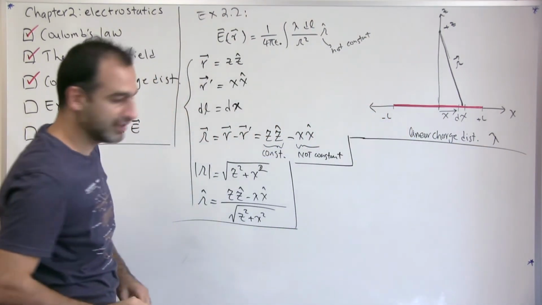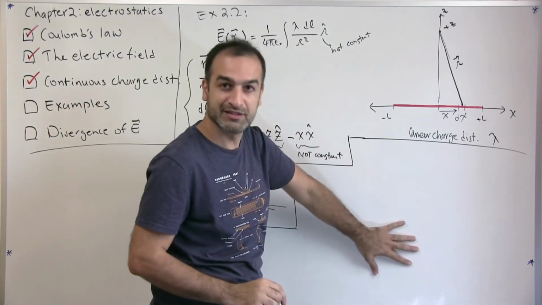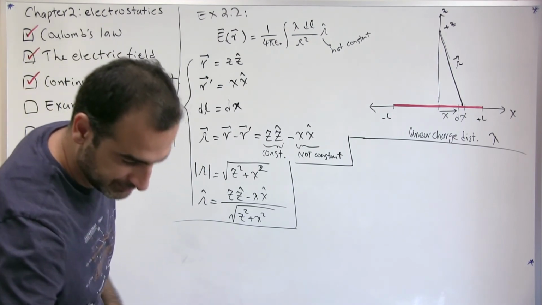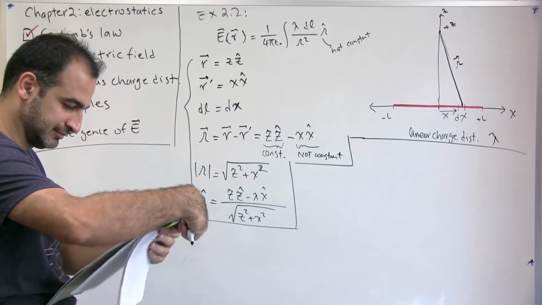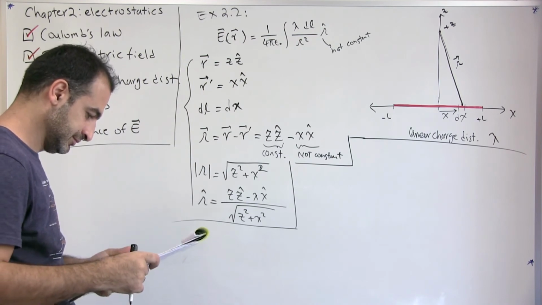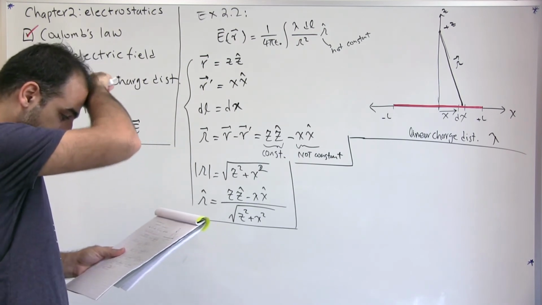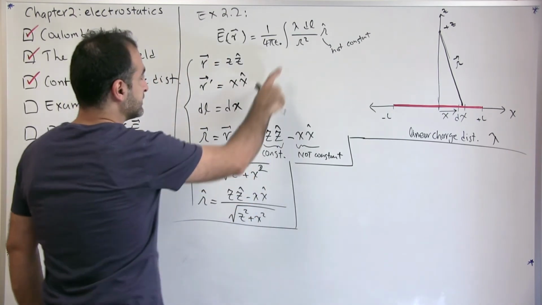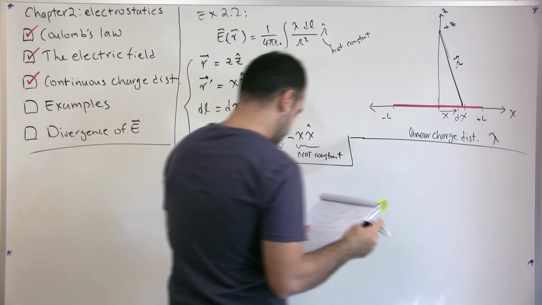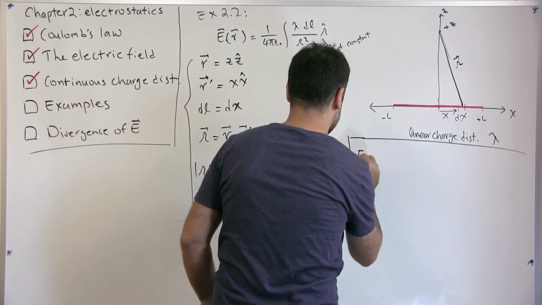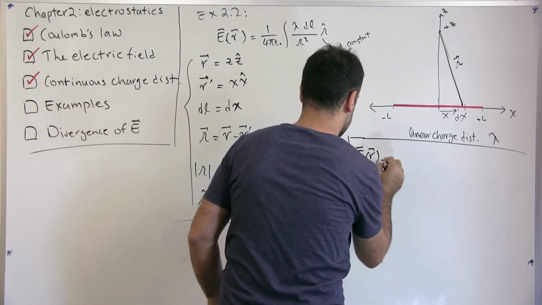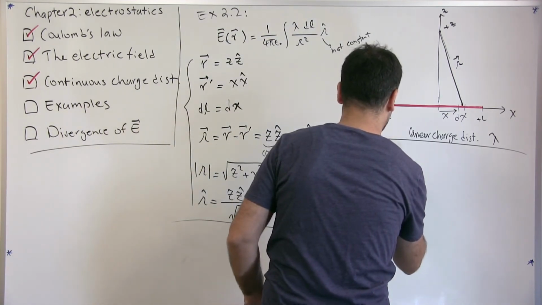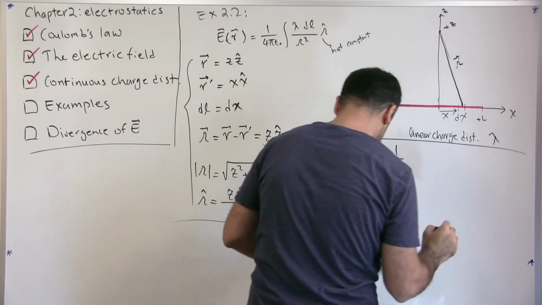Okay, so I'm going to separate this, and I'm going to try hard to squeeze the integration over this space. Okay, so let's see if I can do that. Substituting all these things in the integral and putting the limit on, I would write E of R equals 1 over 4 pi epsilon 0.